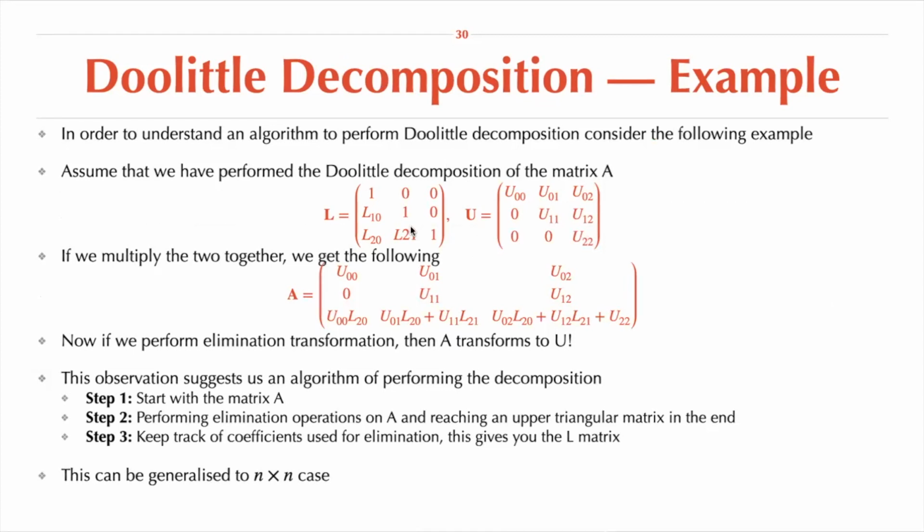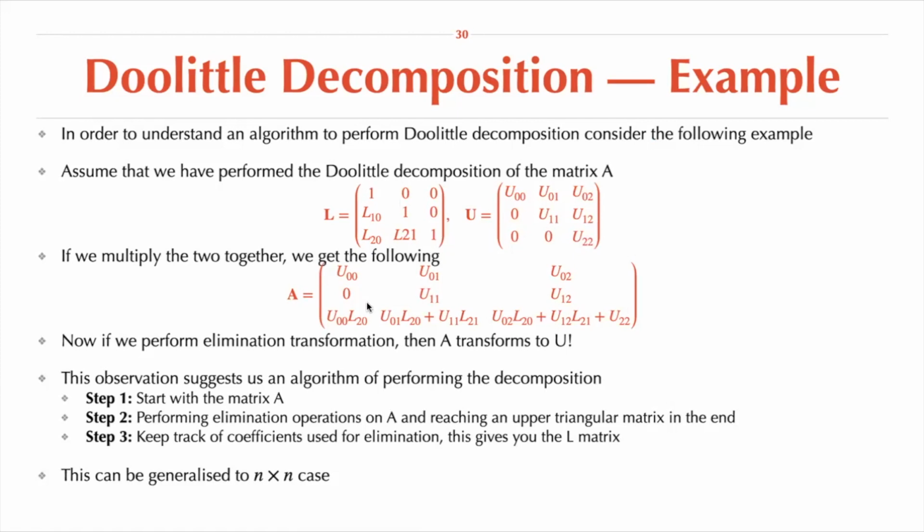So this is what we are doing when we want to calculate the LU decomposition. In order to understand how it can be done, first observe this. Let's say we have already solved this problem and have found that this is the decomposition of A in terms of L and U. As I said, for the Doolittle decomposition you have 1 on the diagonal.